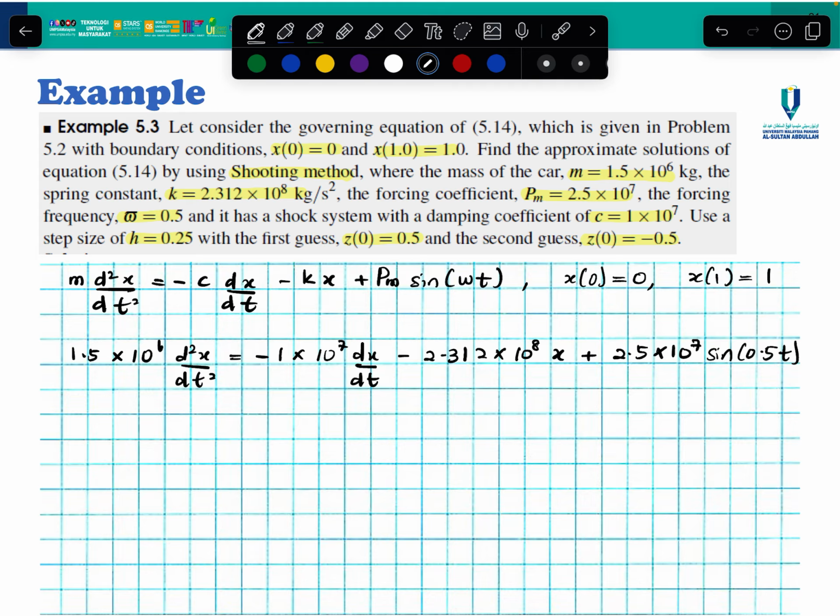Okay, so let's make the second order derivative the function. That means we want to move the other terms to the right hand side, so each term can be divided by this value. I will divide every term by this value.